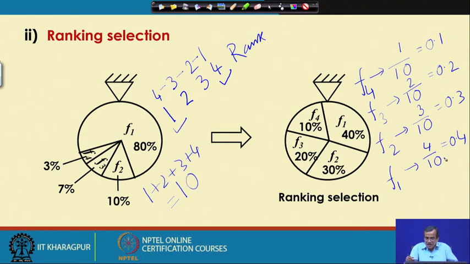Now, this ranking selection is once again one proportionate selection, but in terms of the ranks, not only in terms of the fitness values. So, this is the difference between the ranking selection and the proportionate selection, and generally we prefer the ranking selection because it has less chance of premature convergence.